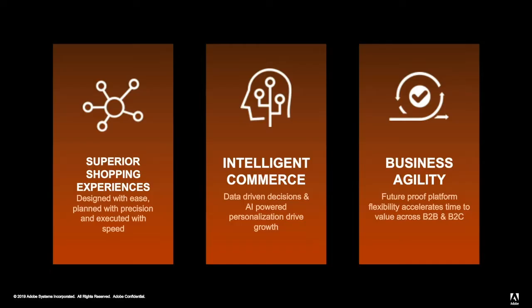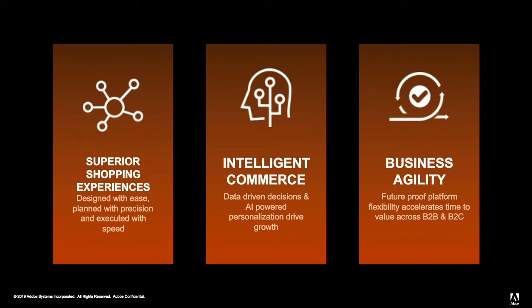Thank you, Georgia. So in order to walk through this set of features, as Georgia said, we segmented them into 3 key pillars. The first pillar is creating superior shopping experiences. That's everything from designing, planning, and executing on the content and the overall details of the shopping experience.